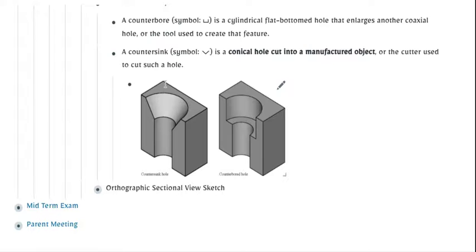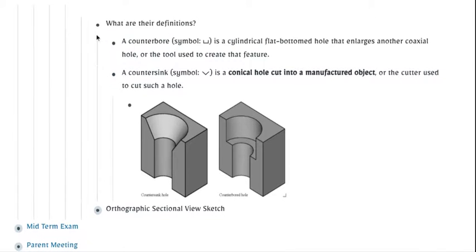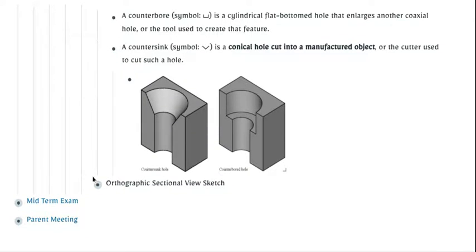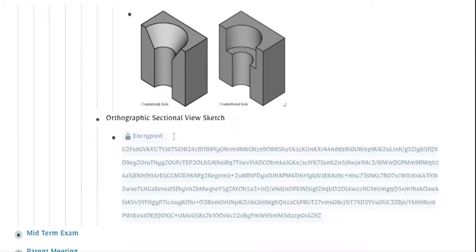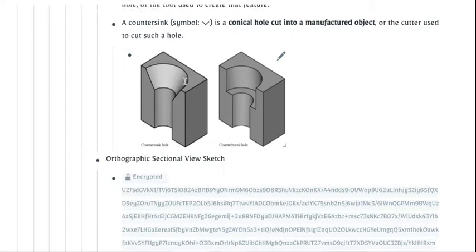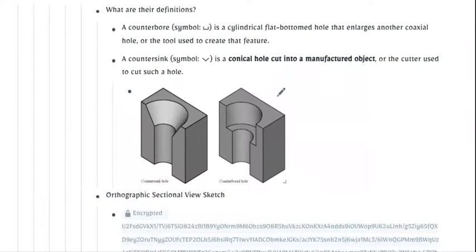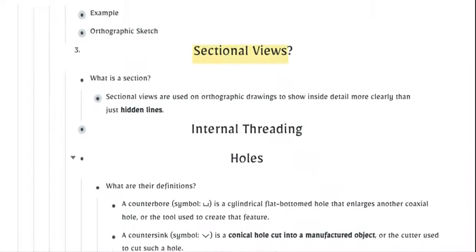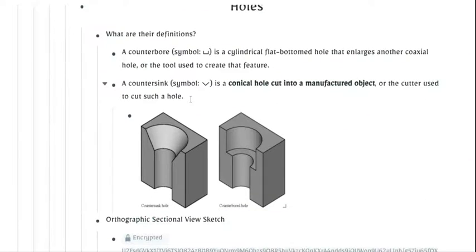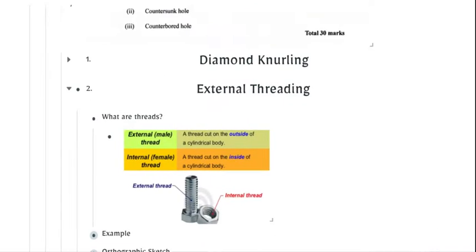So now your task, and again, I know you guys love doing your homework, so that's why I made sure to do this. Your task is going to be to represent the definitions I just explained to you in orthographic sectional sketches. Let's go back to what orthographic means. It's simply that you tell me what is exactly shown when you're sketching these, like we did earlier to this drawing.